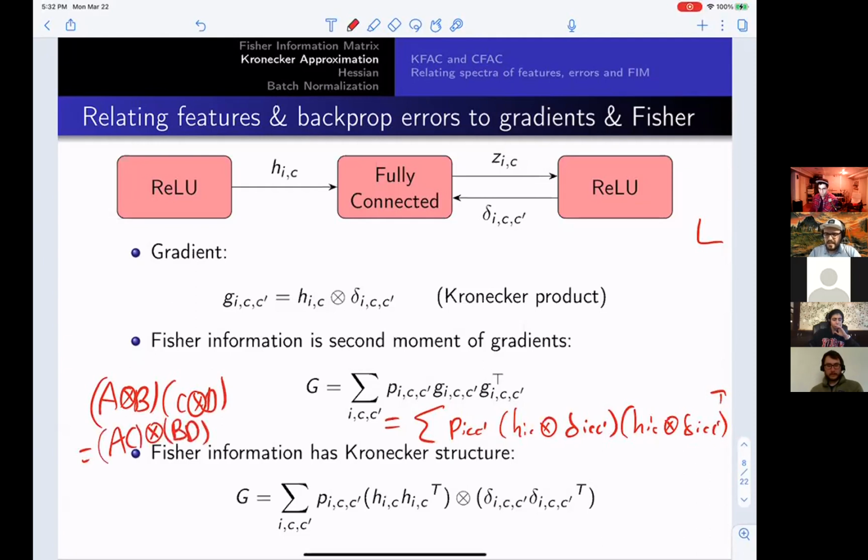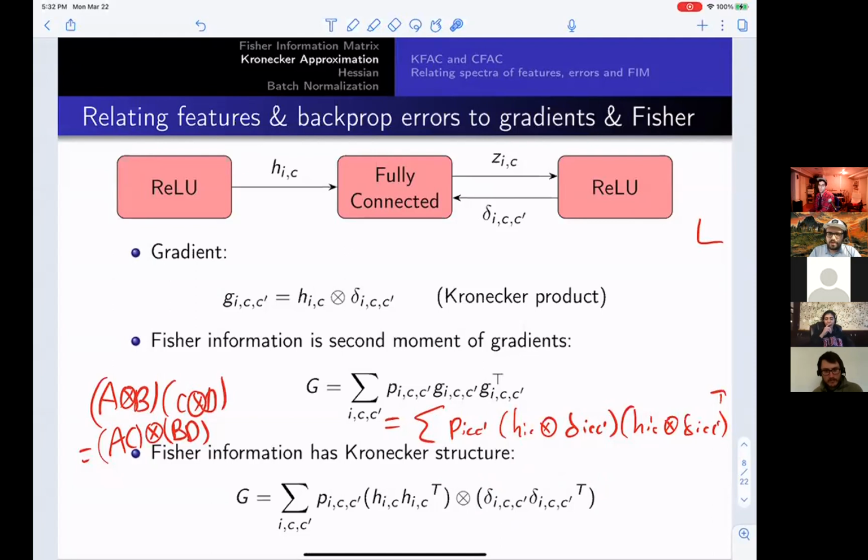If you use this identity, you get that the Fisher information matrix, G, is equal to a weighted sum of a feature times feature transpose, Kronecker product with backprop error times backpropagated error transpose. So this is an important equation.